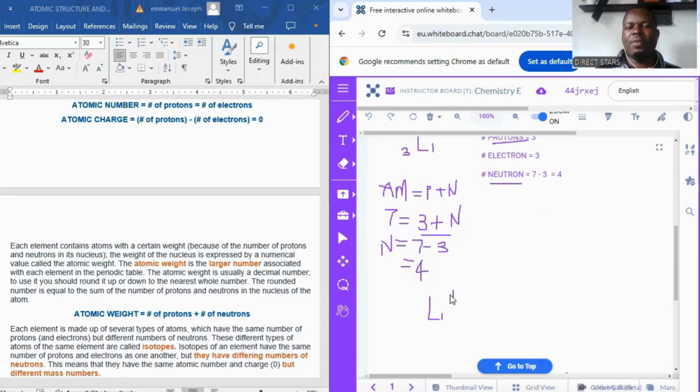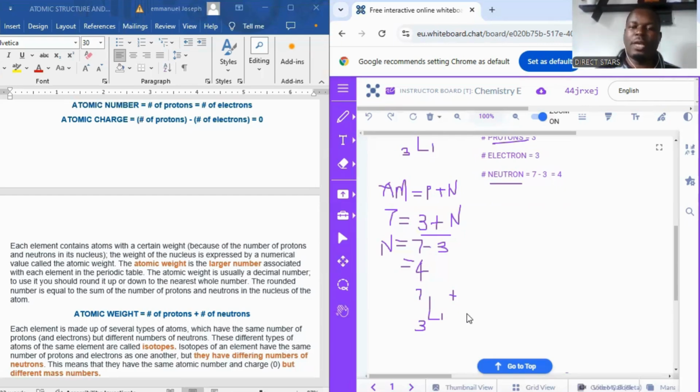Now I have a positive sign here. This positive sign means +1. If it were 2 or anything above 1, I would indicate the number, but since it's 1, I can just leave it as plus.